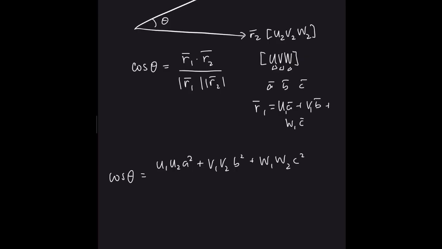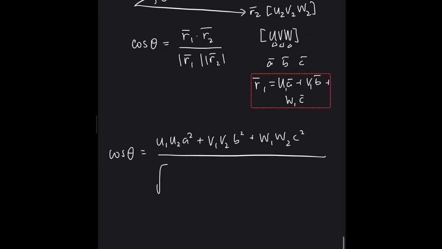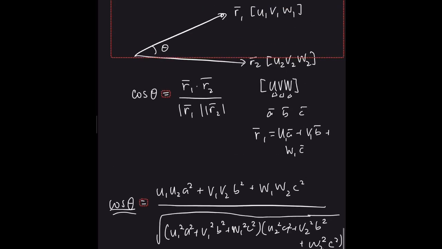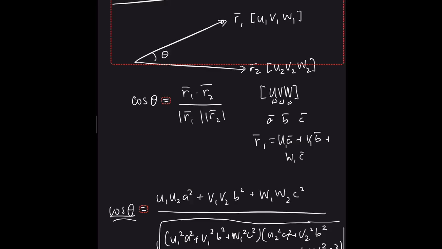Remember, A, B, and C are just the lengths of the unit cell that would usually be provided to you. That would be over the square root of U1 squared A squared plus V1 squared B squared plus W1 squared C squared, times U2 squared A squared plus V2 squared B squared plus W2 squared C squared. So that will give you the cosine of the angle between two directions within your lattice.